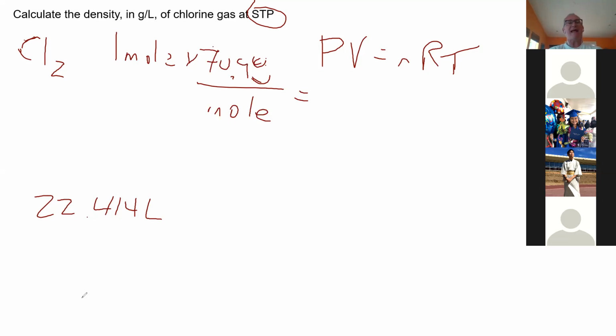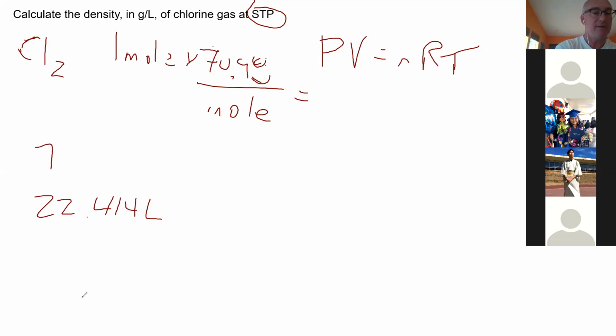So remember, and this happens a lot, I think I mentioned it in class this morning: pretty much all gases, except for the noble gases, are 2 atoms: H2, Cl2, N2, O2. So you always have to take the molar mass and multiply it by 2 because there are 2 atoms in the molecule.